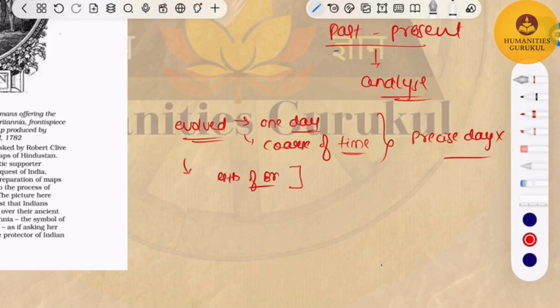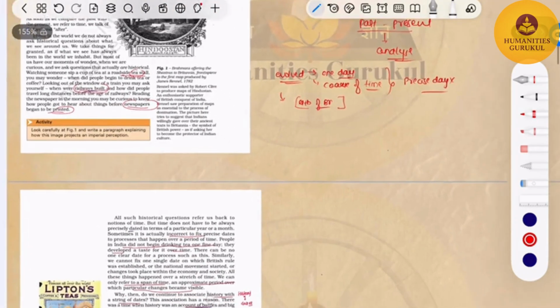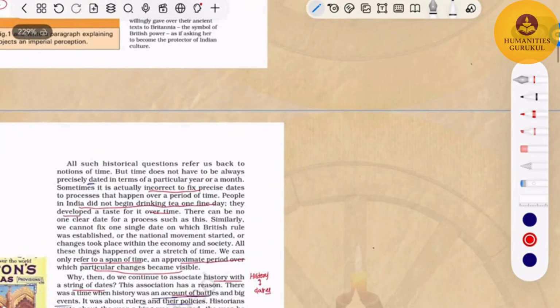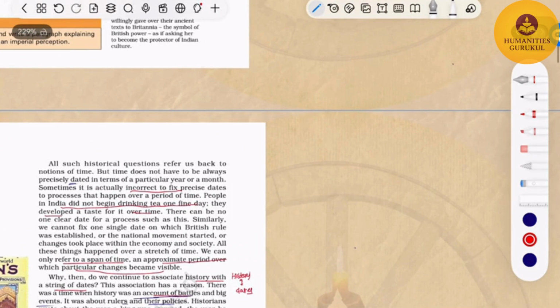So if we have to discuss the establishment of British rule, we would consider a period, some sort of decade, instead of any precise date. Now, historical transition.